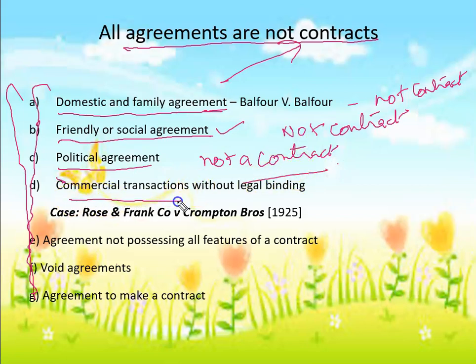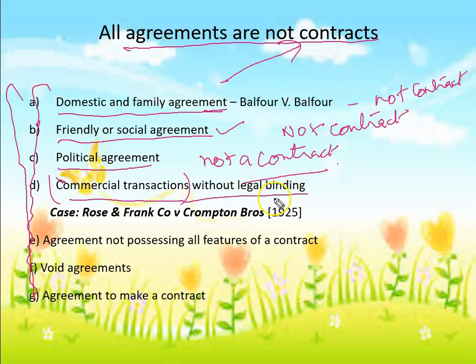Next is commercial transaction without legal binding. It does not happen generally, because when we talk about the term commercial transactions, they are business transactions, and in most of the time, 99% cases, commercial transaction does have legal binding. But somewhere exceptionally it may happen when it may be based on some kind of faith or trust with the other party, and you do not attach any legality.